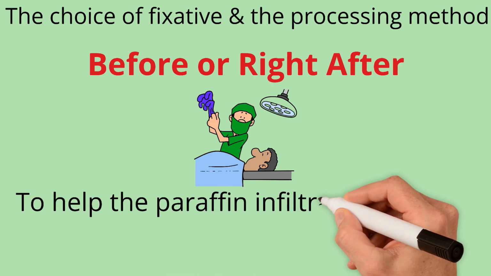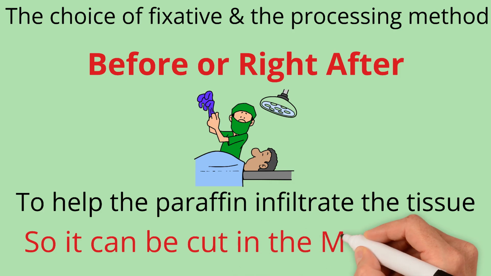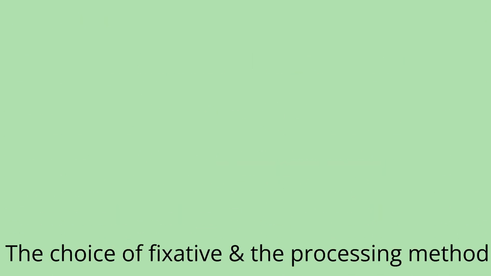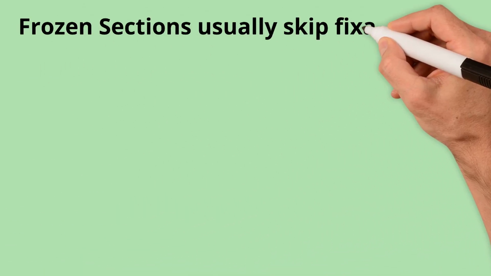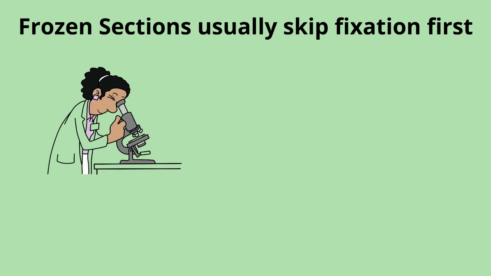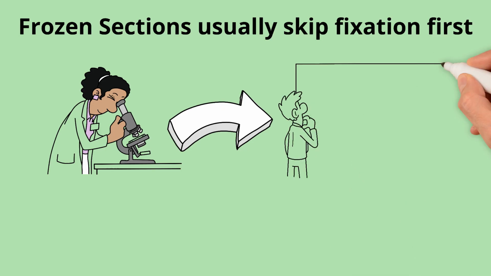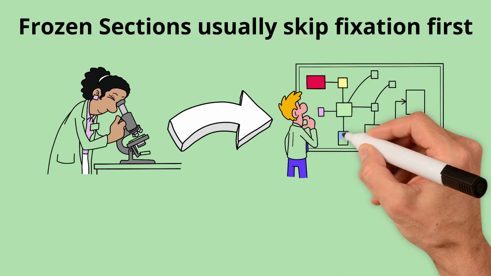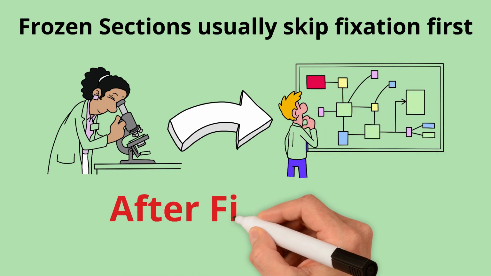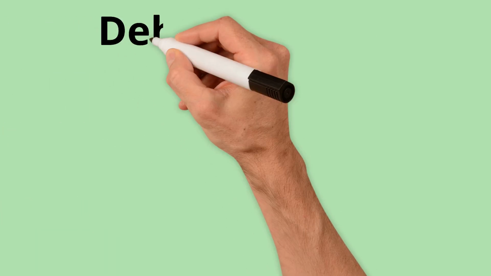And the ultimate goal of processing is to help the paraffin infiltrate the tissue so it can be cut in the microtome. The method you choose will also determine the type of fixative. For example, frozen sections usually skip fixation at first, but once the pathologist makes the diagnosis, that same tissue then goes through the regular fixation and processing steps, just like any other sample.